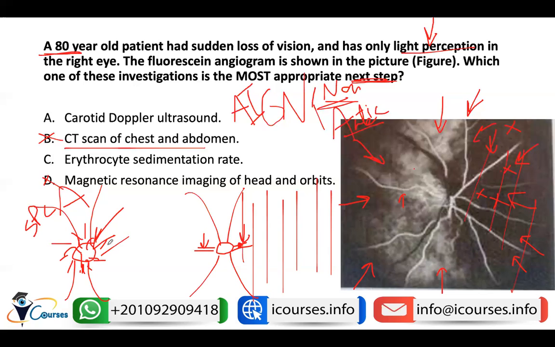On the other hand, the non-arteritic ischemic optic neuropathy will show delayed optic disc filling and normal choroidal filling. So since this patient is old and has only light perception vision with defective choroidal filling, we will go for the ESR as one of the important rapid tests in order to suggest that the patient has giant cell arteritis.